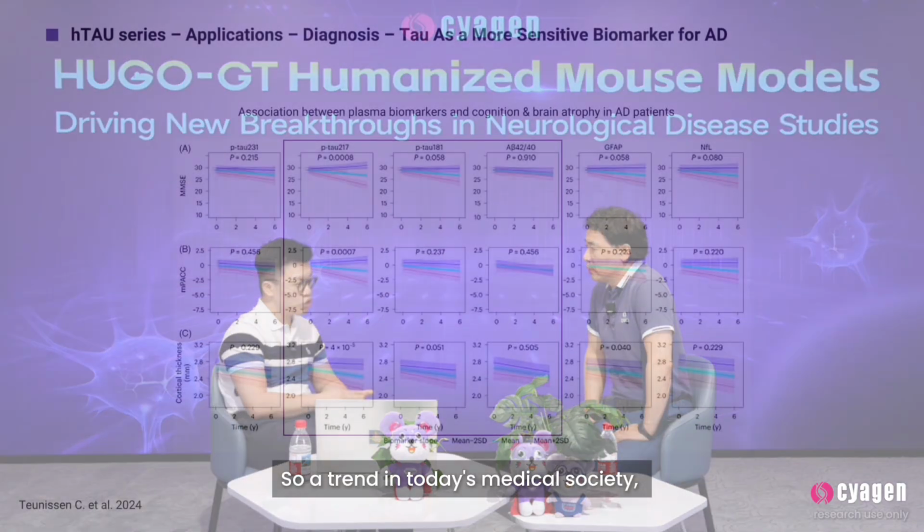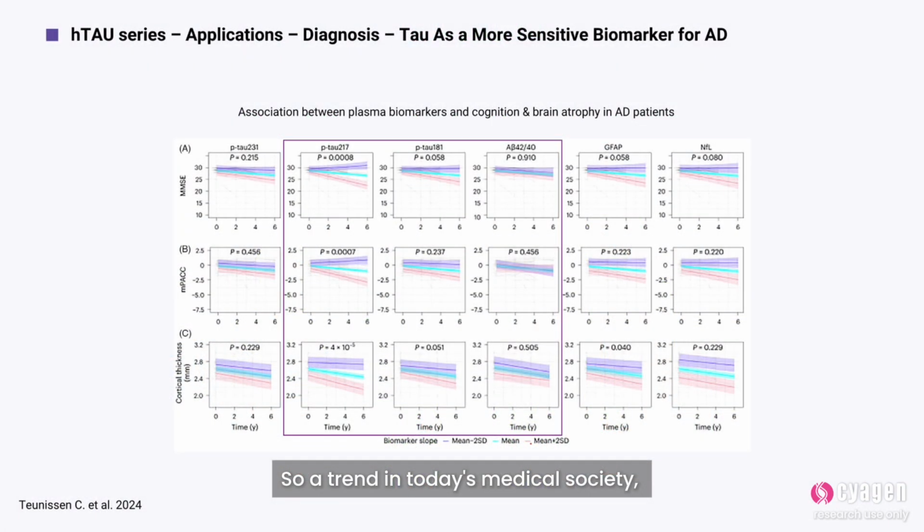A trend in today's medical society is to use biomarkers from peripheral blood, and one of the most accurate biomarkers related to behavior, related to all the scoring systems for diagnosing AD, is Tau. Wow, good to know. Now we're providing the best Tau model to the industry.